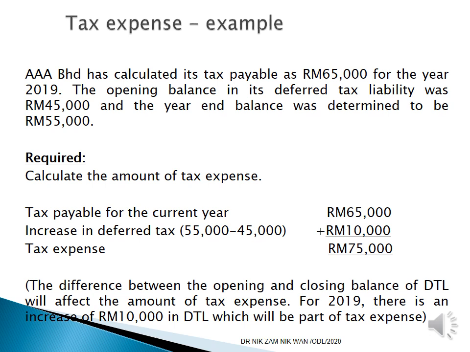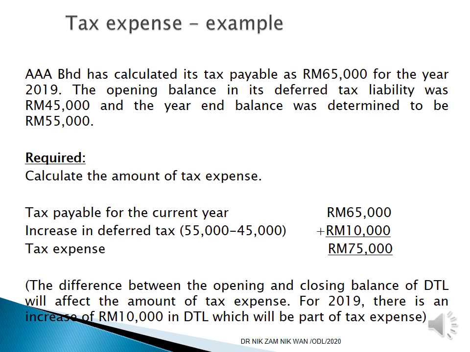We can see that tax payable for the current year is 65,000. During the year also, we have an increase in deferred tax from 45,000 to 55,000, so we have an increase of 10,000. So that year's tax expenses is equivalent to 75,000.